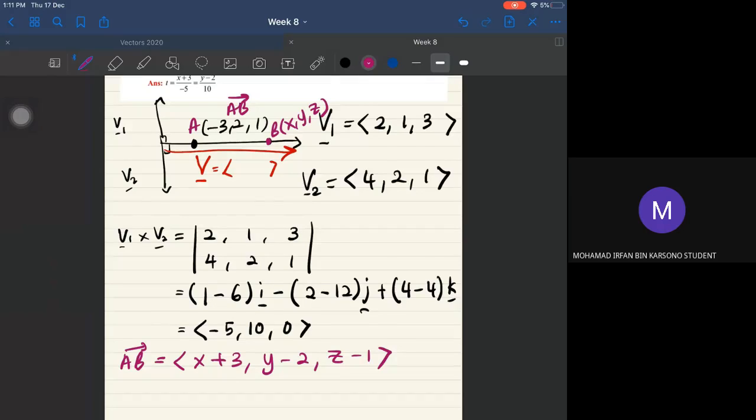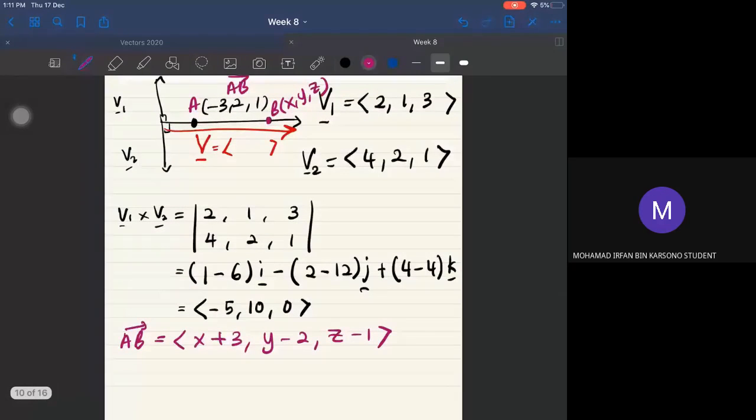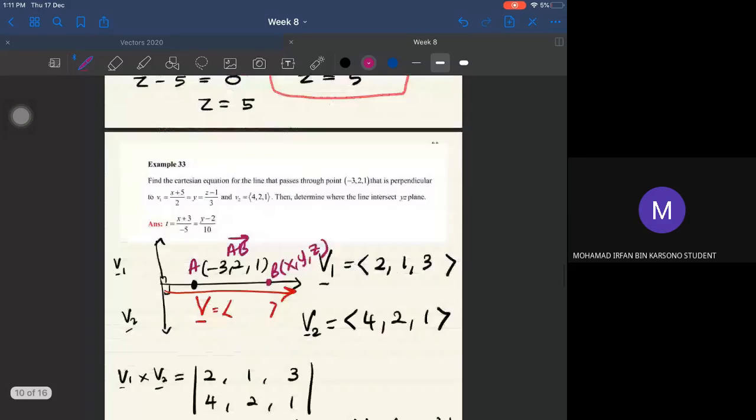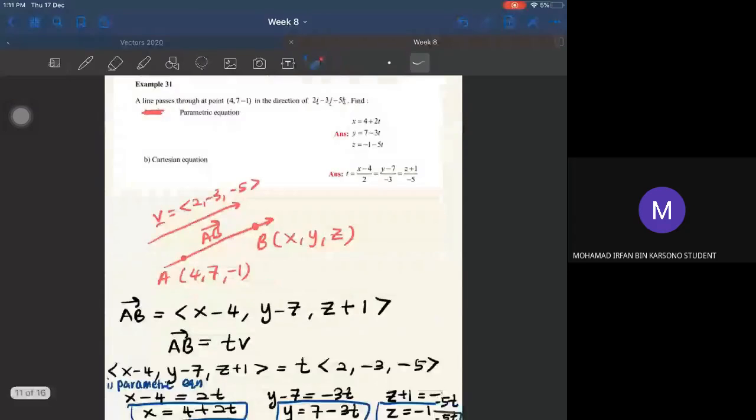Okay, so macam mana saya dapat x plus 3, y minus 2, z minus 1 ni? Daripada this one lah. So x tolak-tolak tambah kan. So x plus 3, y minus 2, z minus 1. Okay.